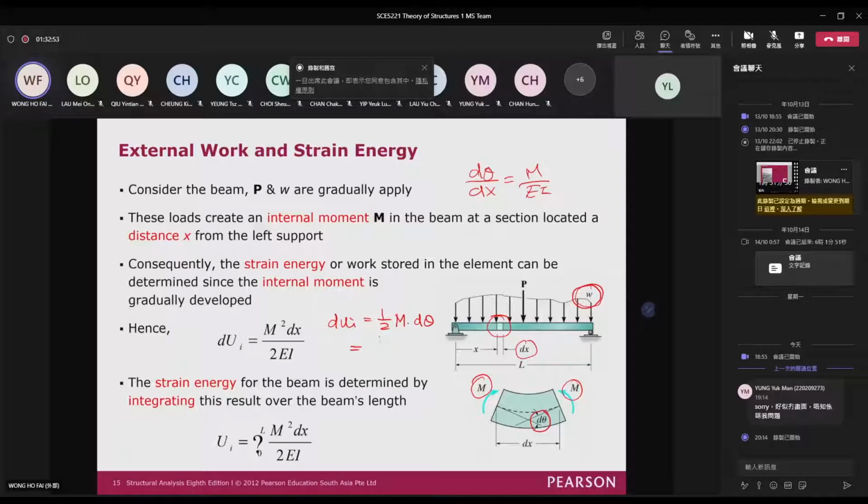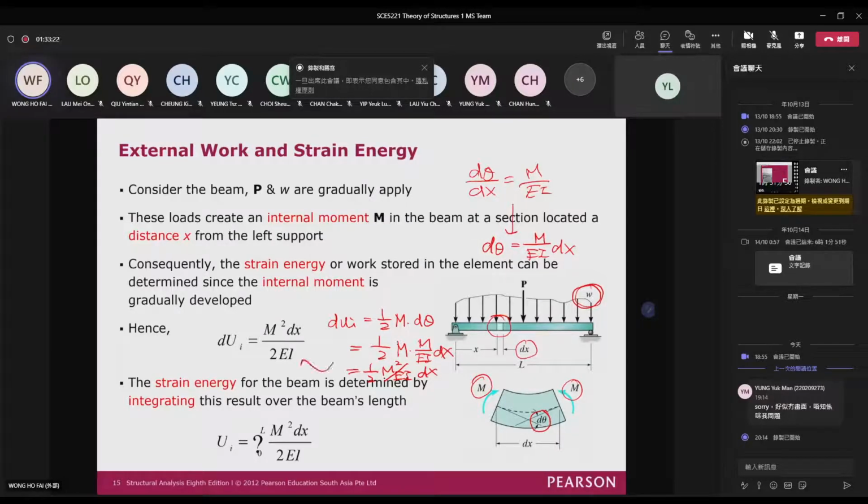So you have half, and then you have M, and then d theta is equal to M over EI times dx. Then you have half M squared over EI times dx.